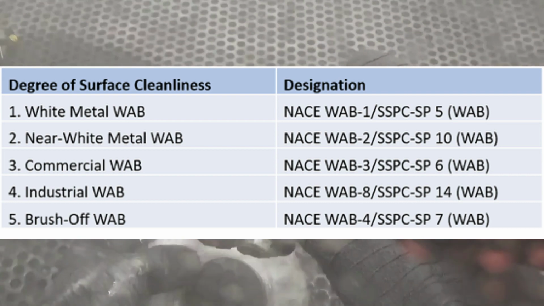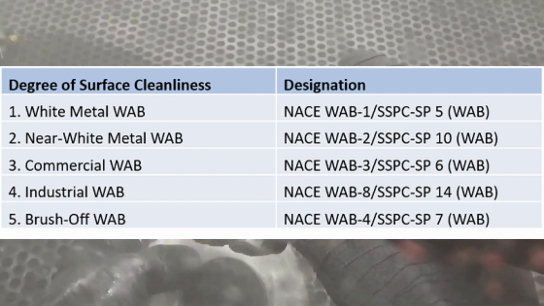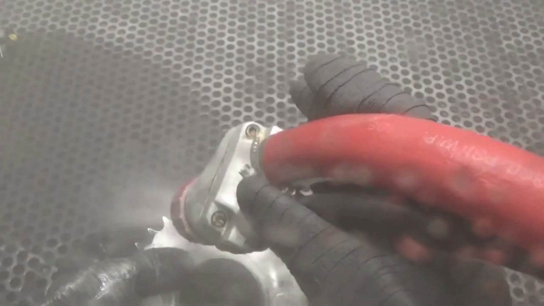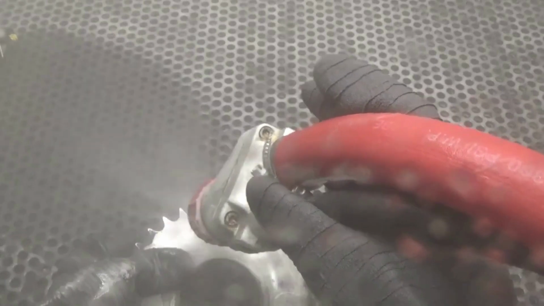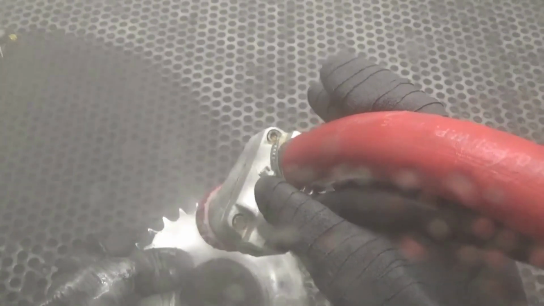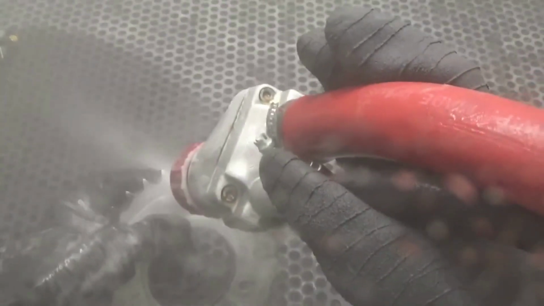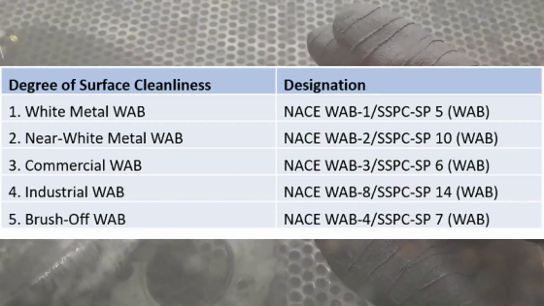the definitions in the five dry abrasive blast cleaning standards: SSPC SP5, NACE 1, SSPC SP10, NACE 2, SSPC SP6, NACE 3, SSPC SP7, NACE 4, SSPC SP14, NACE 8.